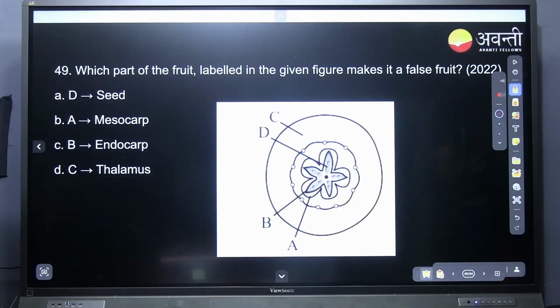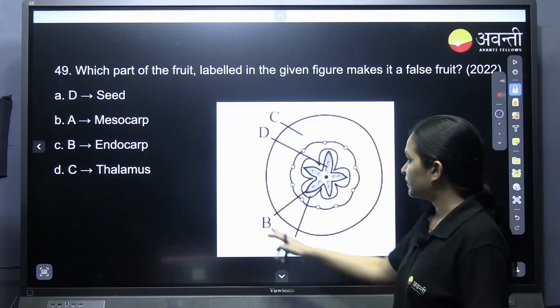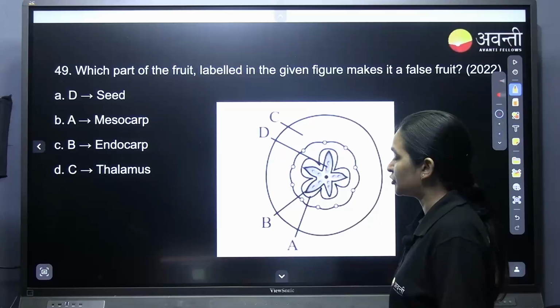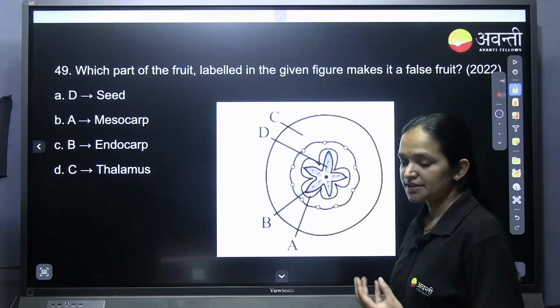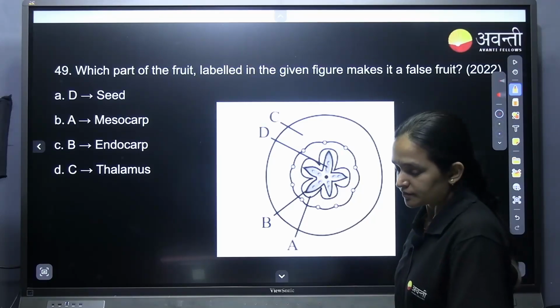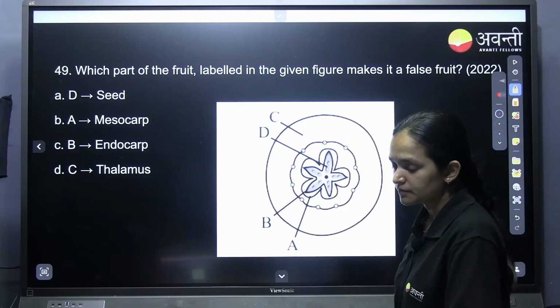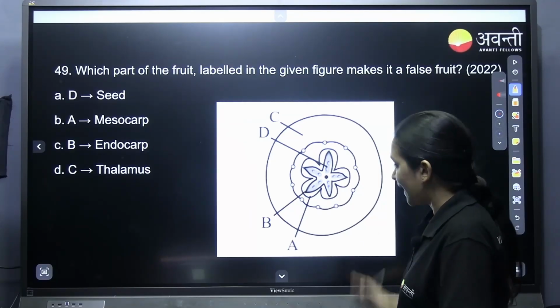Which part of the fruit labeled in the given figure marks it a false fruit? Is it A, B, D, C? Which one is a false fruit? False fruit in the sense it arises from the thalamus, not from the ovary. This is apple.